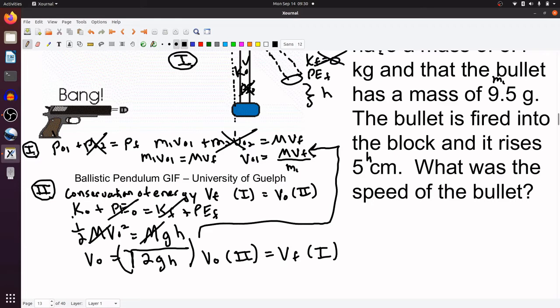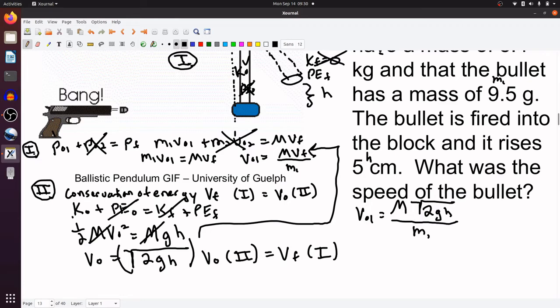So that's my next step. Let's do that. So that gives me V naught 1. That's a really big V naught 1. I need to make sure I have enough room here. Is equal to big M. And then for VF, I'm just going to substitute in square root of 2gh all over M1.